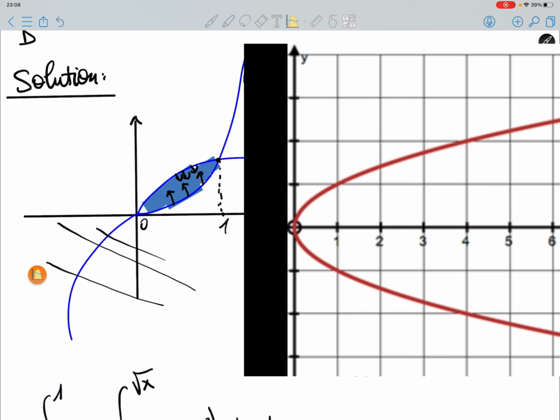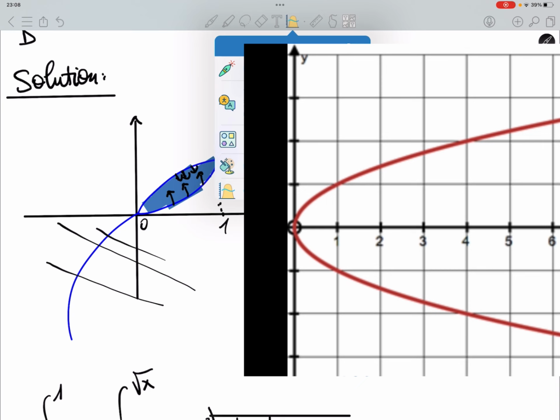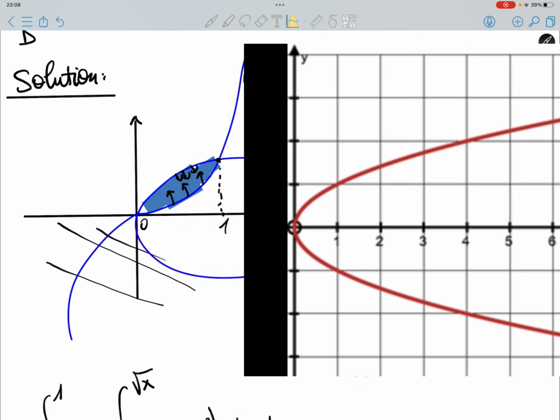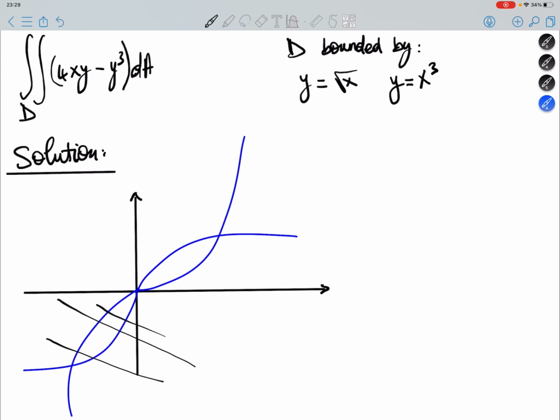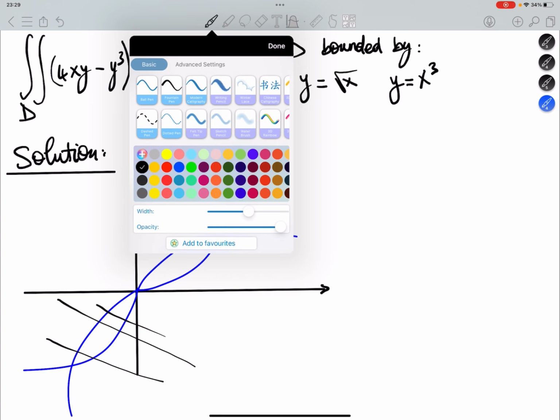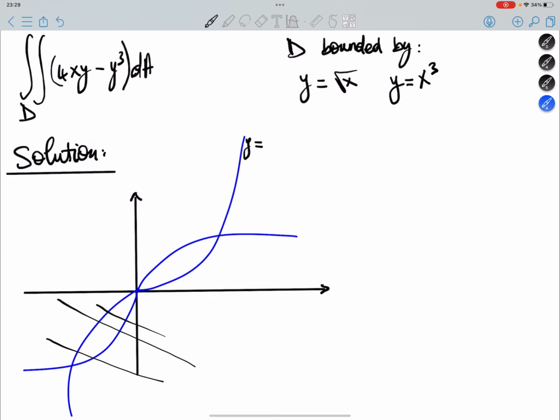The curve here is something like this. Our region is basically, so we can write the equation: this is y is equal to x cubed, and this one is y is equal to square root of x. So we want the area of this part here.